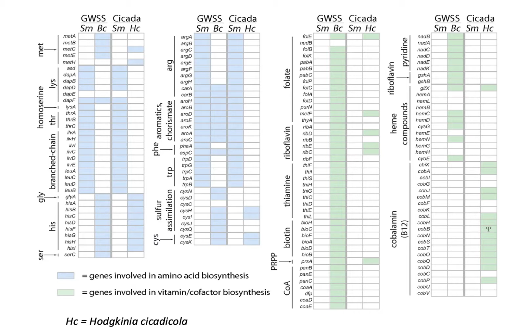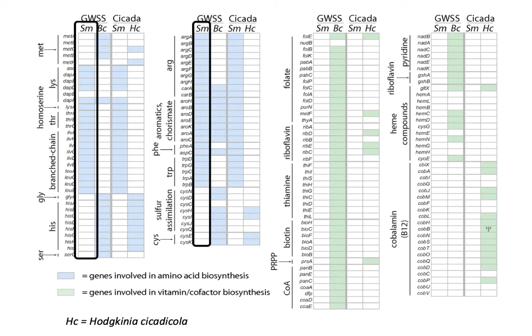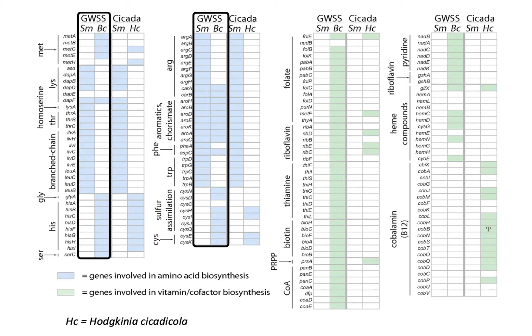From this diagram, in blue on the left-hand side, you can see that Solcia produces enzymes within the biosynthetic pathways for lysine, threonine, etc. For the most part, the amino acids produced by Solcia are not produced by Baumannii and vice versa, so they complement one another.